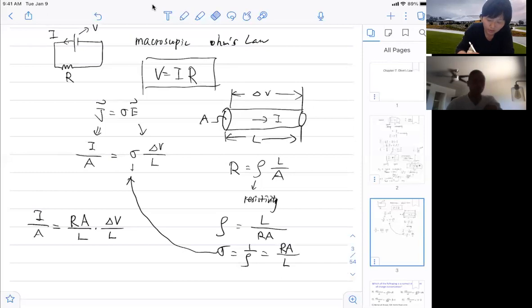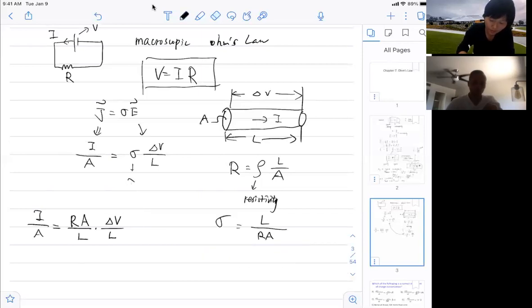Okay, yes, sorry. Rho is RA over L, so sigma is L over RA. All right, let's fix this.